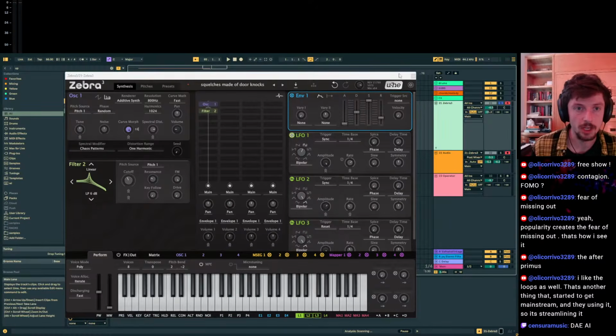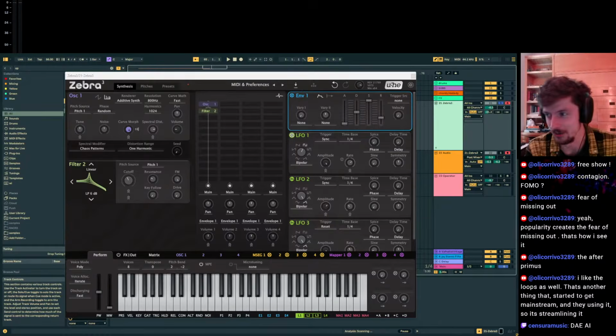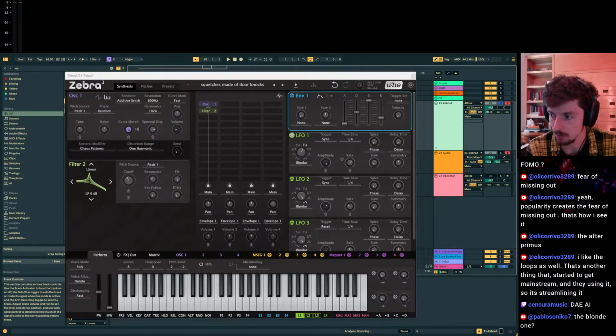I will say, Angine de Poitrine, they're in 24 EDO. They're actually not doing that much microtonal stuff. It's not that crazy. All their harmony is in 12 EDO. They're just playing major chords and minor chords. Yeah, the blonde one. And she's British or something, I can't remember. But they're literally just playing 12 EDO major and minor chords, and doing little quarter tone chromatic walks all over the place.